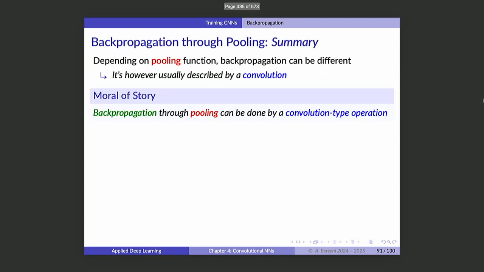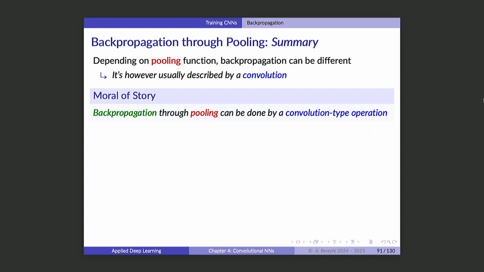So the moral of the story is that when you are backpropagating through a pooling layer, especially mean pooling, you essentially are doing convolution. So you really don't need to write any complicated code. If you know how to write convolution, you take the same filter, take your output gradient, convolve it, and you get your input gradient.